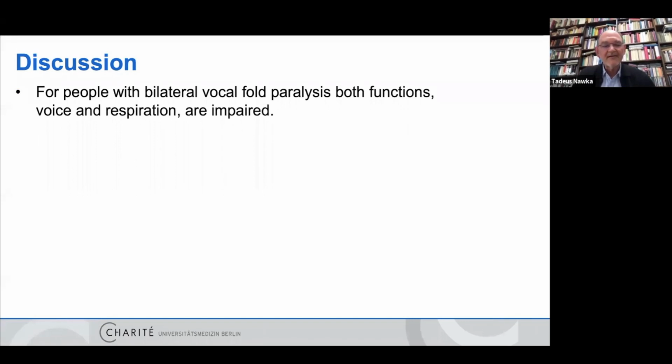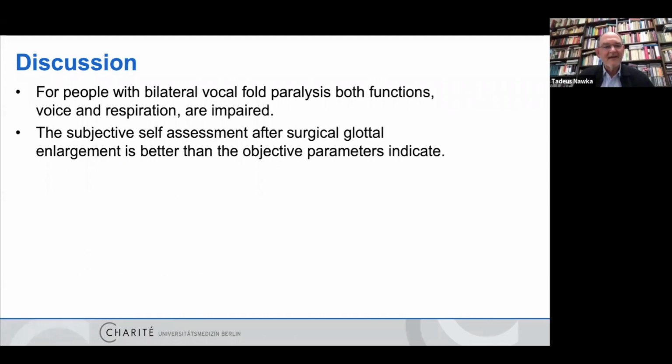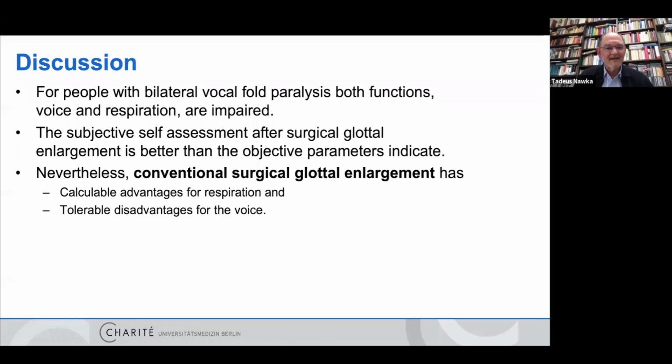So with people with bilateral vocal fold paralysis, both functions, the voice and the respiration, are impaired. And the subjective self-assessment after surgical glottal enlargement is better than the objective parameters indicate. That means we hear a bad voice, but the patient doesn't feel that the voice is so bad as we think it could be.